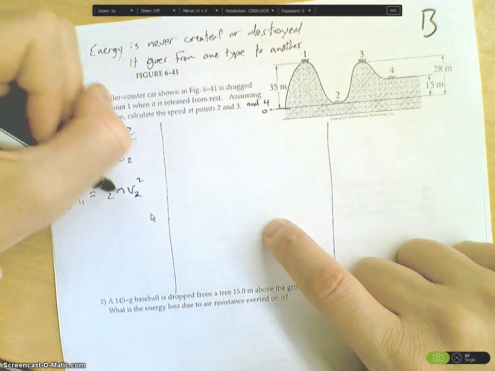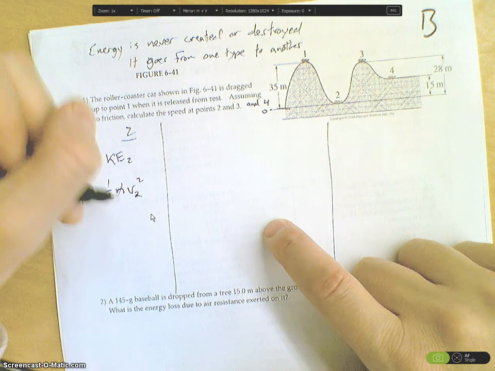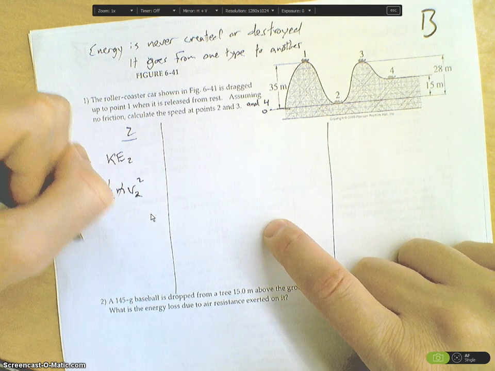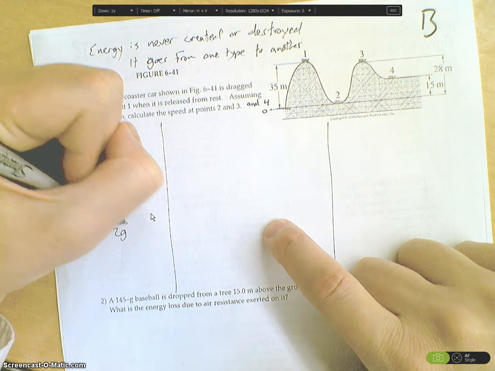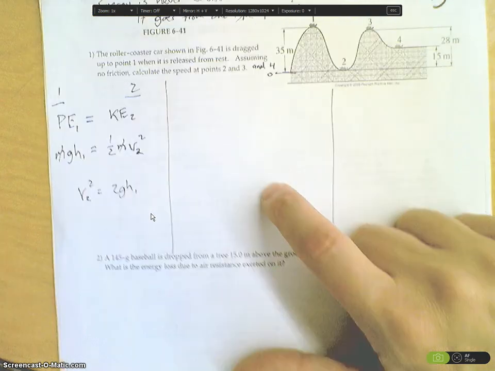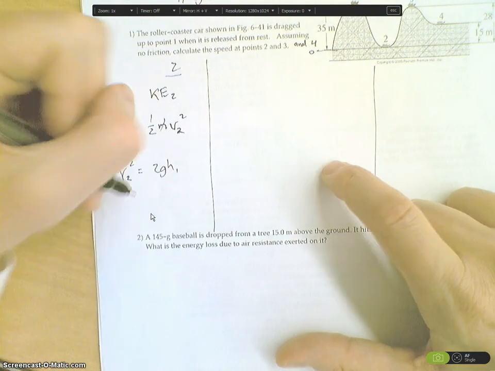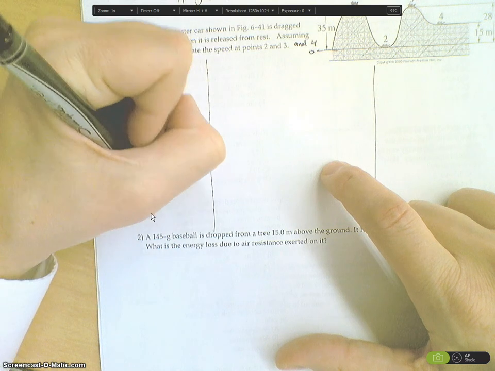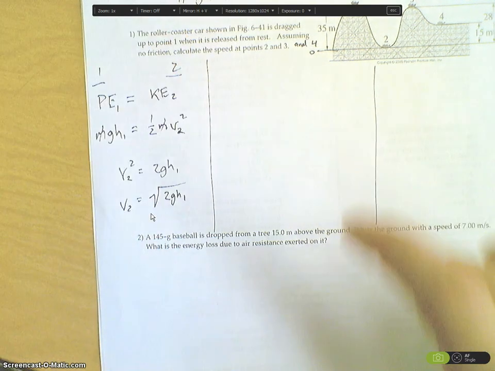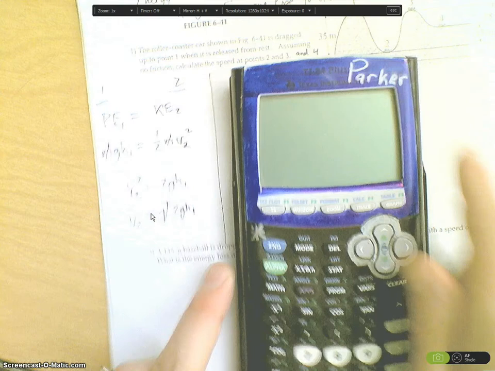Masses cancel out. We're going to solve for v. So v at 2 squared is equal to 2gh, so the velocity at 2 is equal to the square root of 2gh1.